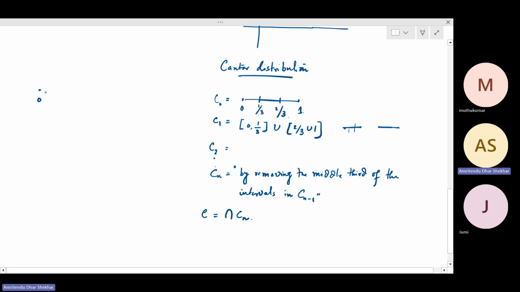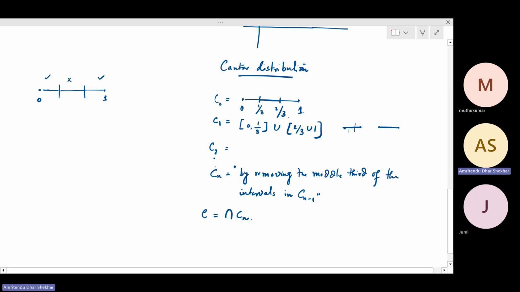We have [0, 1], and we are chopping it up into three parts, right? And you're removing the second part. So these parts are included.